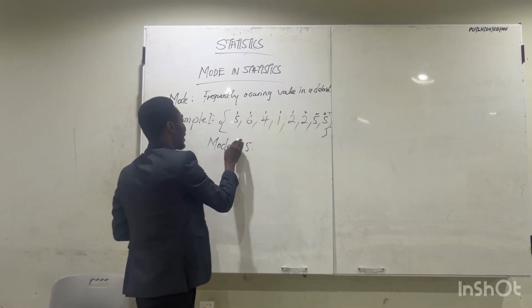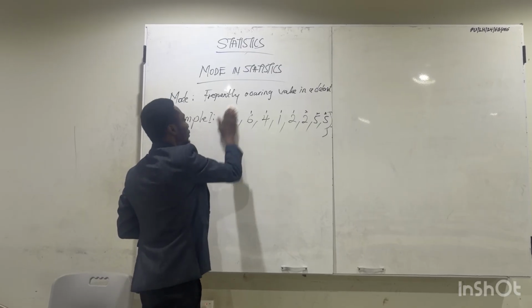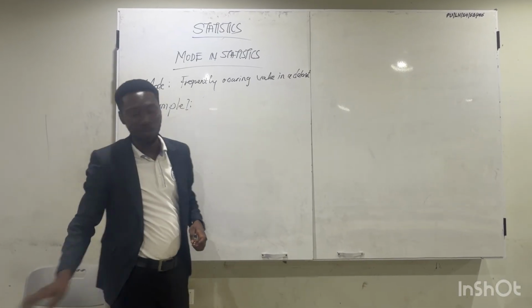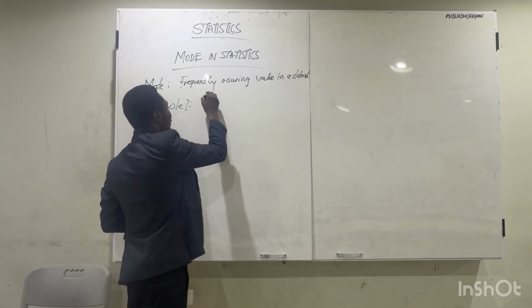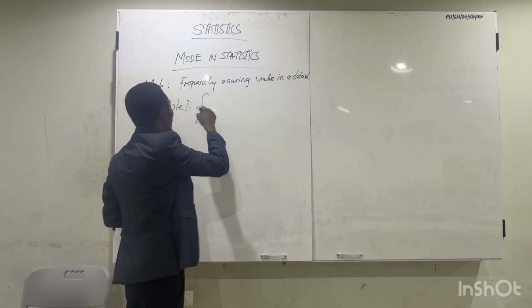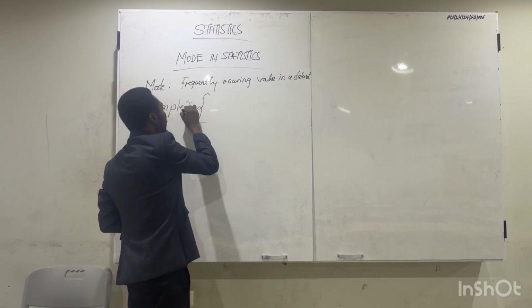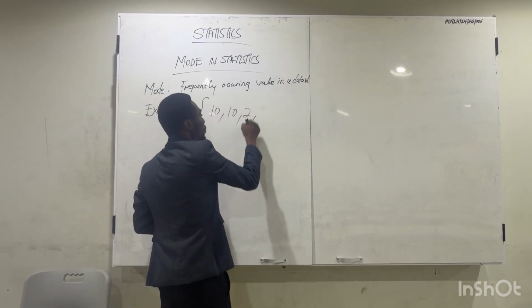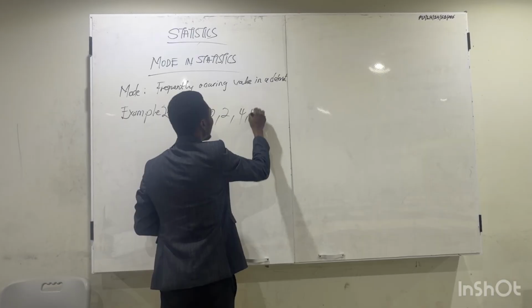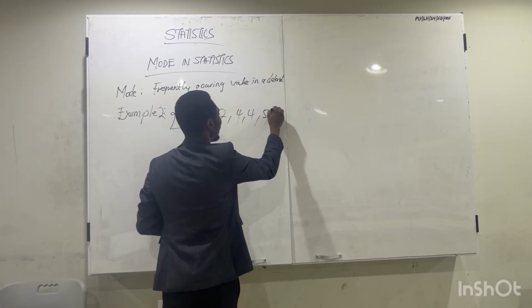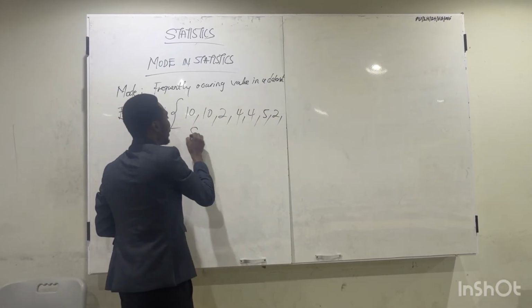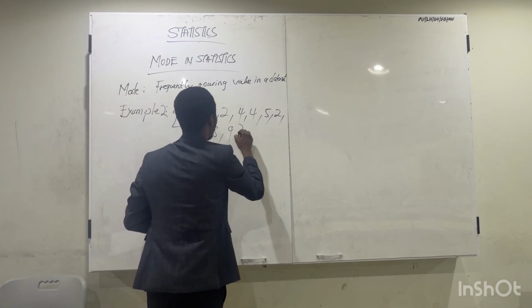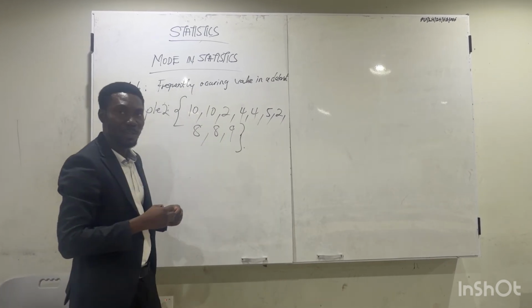Now let's look at another example of a mode in a raw or simple data set. We have 10, 10, 2, 4, 4, 5, 2, 8, 8, 9.